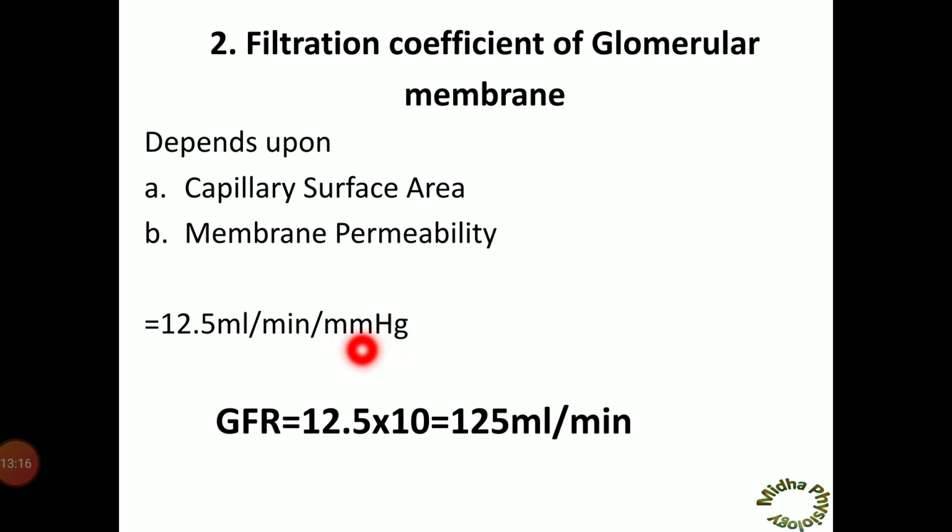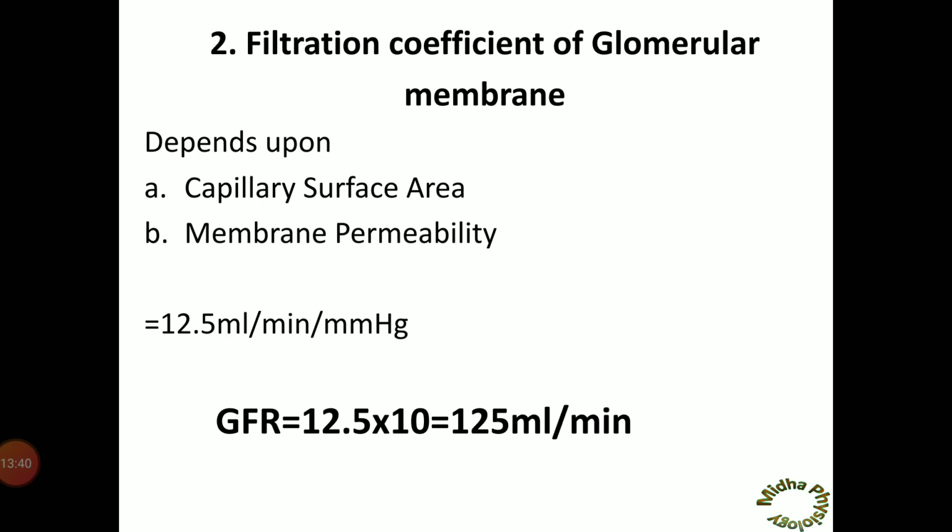So now if we calculate the glomerular filtration rate, which is the product of the filtration coefficient and the effective filtration pressure, 12.5 into 10 is going to be 125 ml per minute. In this way we have found that in a minute 125 ml of blood is being ultrafiltrated.